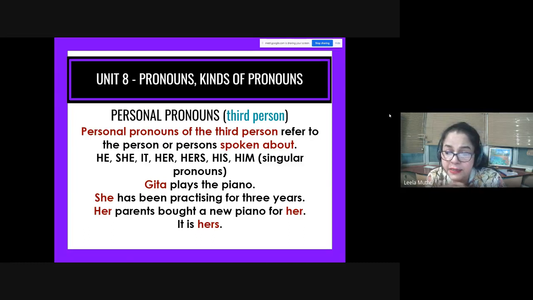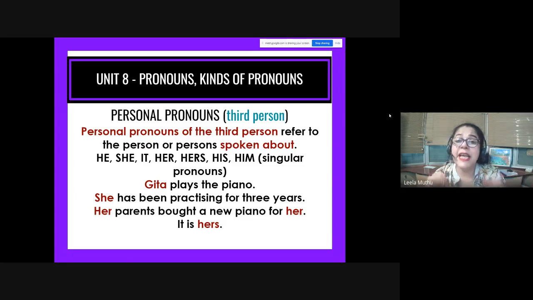So they refer to the person or persons spoken about. When I use pronouns such as he, I'm talking about a male noun, and I'm talking about one noun, so it's a male singular pronoun. Now if I say she, I'm talking about a female noun. But when I say they, I'm talking about more than one person.